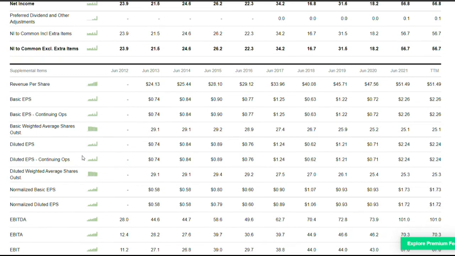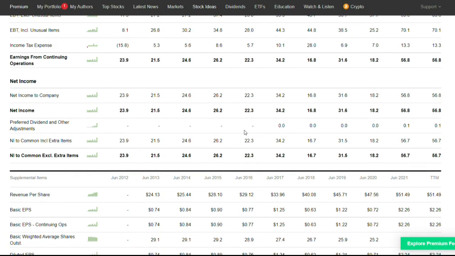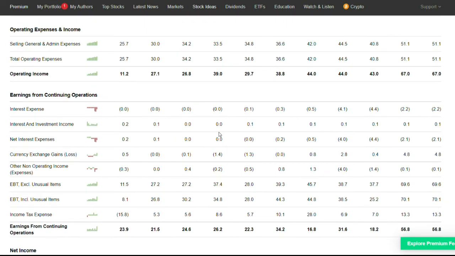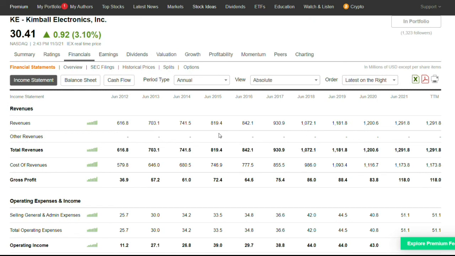That gives you a basic idea of what the company is. It gives you an idea of how much the preferred stock is, because too much preferred stock is also not good. So it gives you a basic idea of how the company is doing at a particular time.